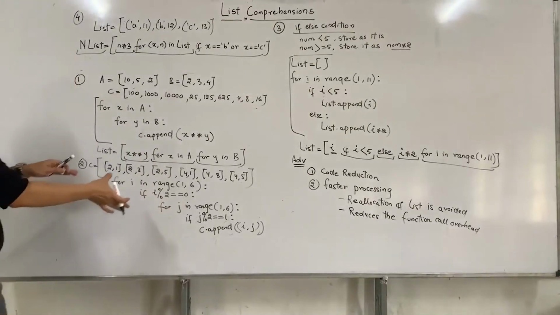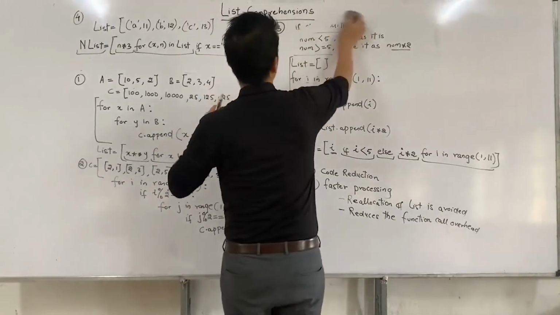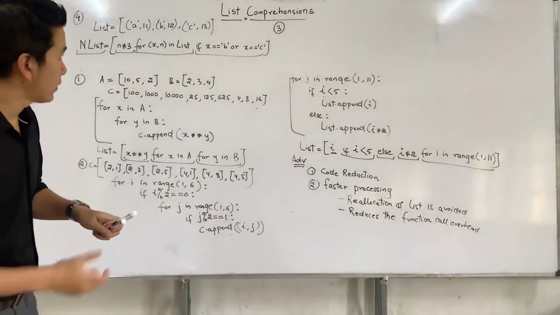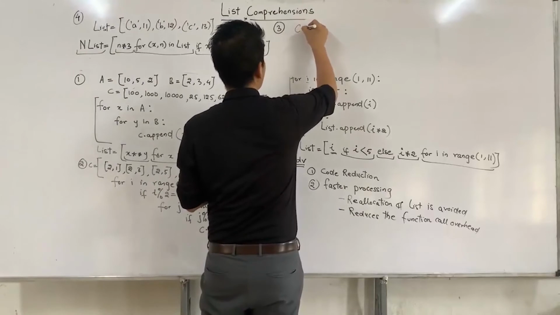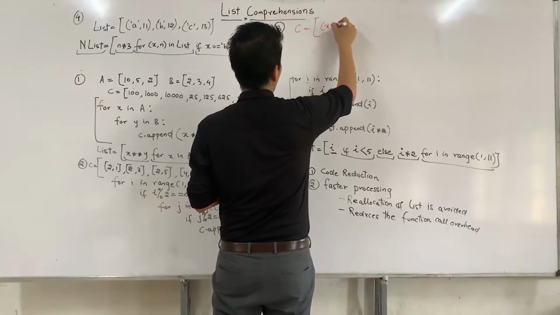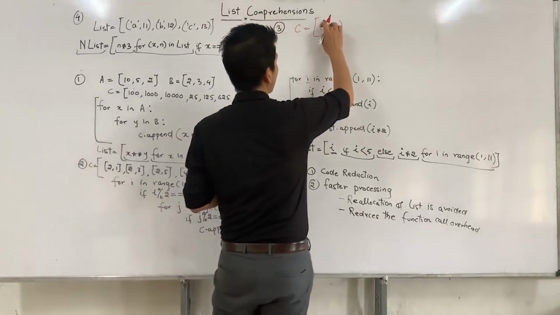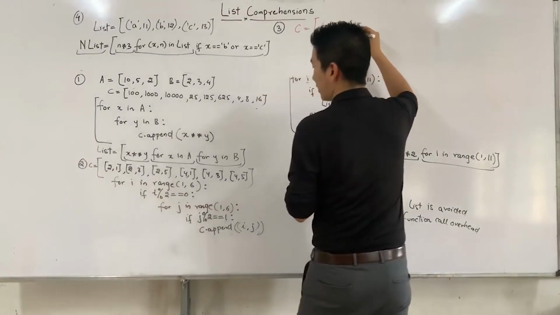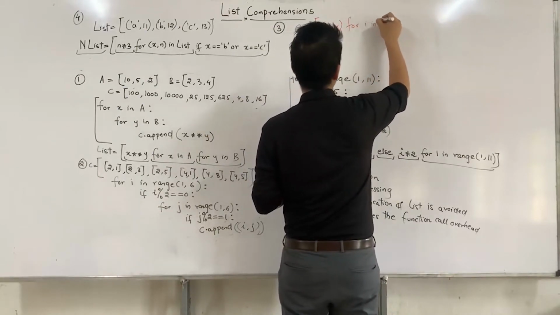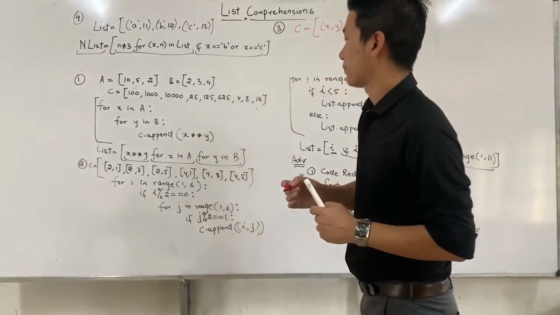Okay, so now the question is, how do I do the same thing using the list comprehension? Just get rid of this. Okay, this is fairly simple. You will have C is equal to, okay, you will have x comma y. Okay, x comma y. So again, this bracket is so important, alright? And then comes the first outer loop, which is for i in range of 1 to 6.